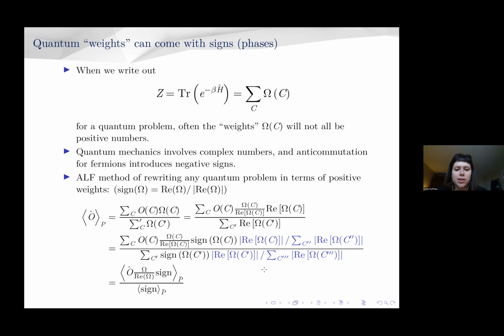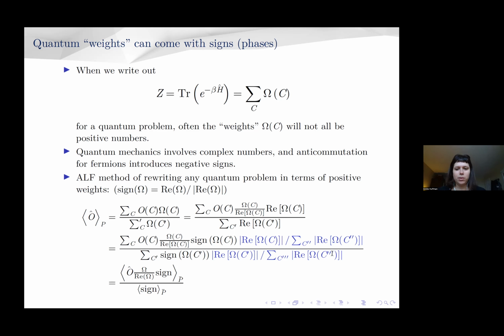The second step involves a second multiplication by the absolute value of the real part divided by the absolute value of the real part again. The real part divided by the absolute value of the real part gives you the sign of the real part. Then there's an additional division of the numerator and denominator by this absolute value summation.